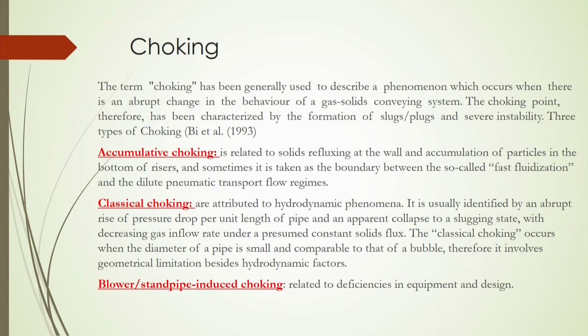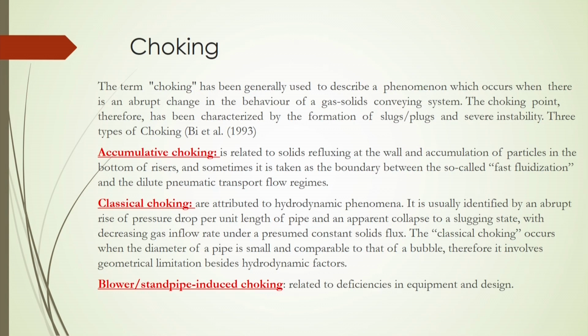What is choking? Choking is generally used to describe a phenomenon which occurs when there is an abrupt change in the behavior of a gas solid conveying system. The choking point has been characterized by the formation of slugs or plugs, or by whether there is any severe instability or not.